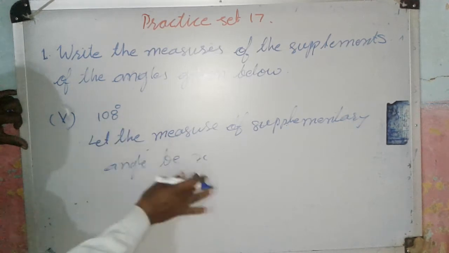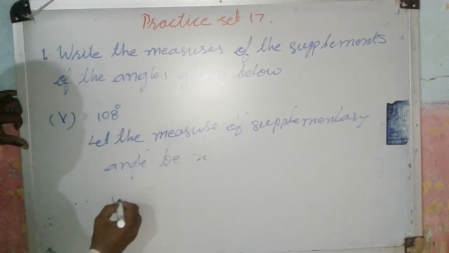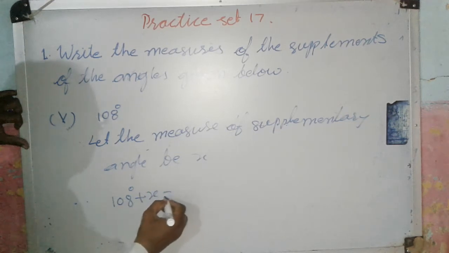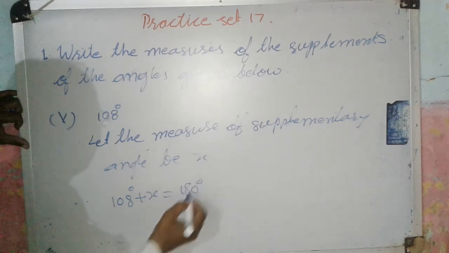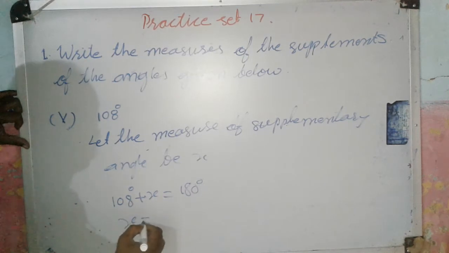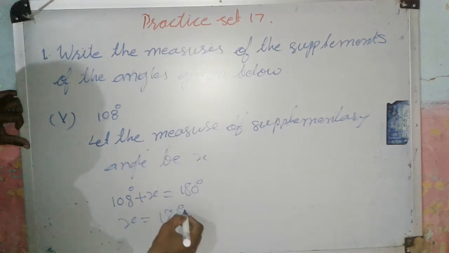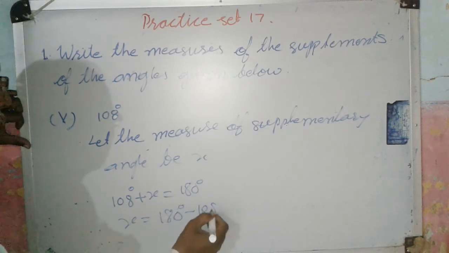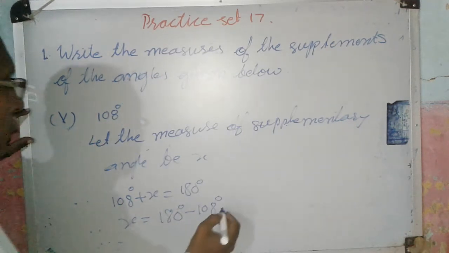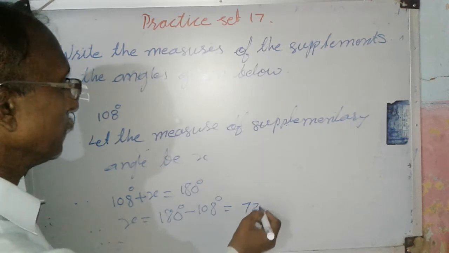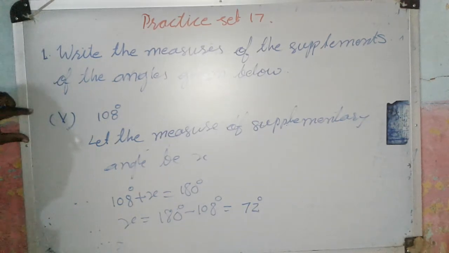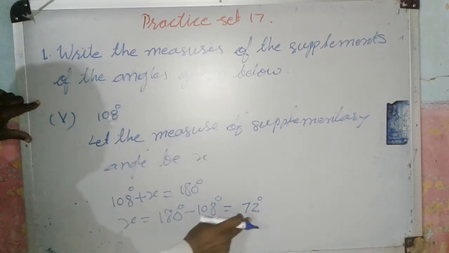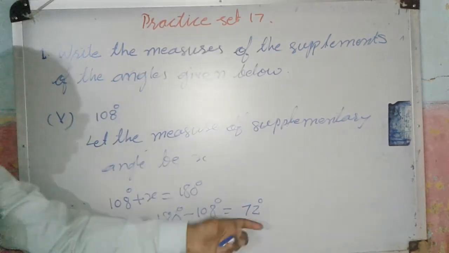Therefore these two are supplementary, that means the sum is 180 degrees. Therefore x is equal to 180 degrees minus 108 degrees, that is equal to 72 degrees. And therefore the supplement of 108 degrees is 72 degrees.